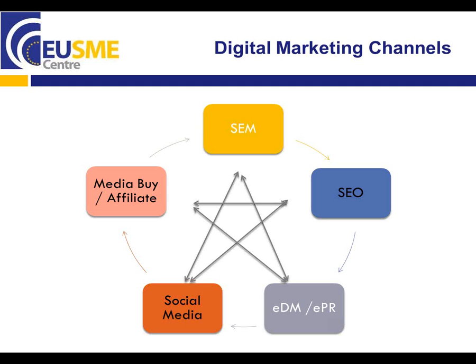If you want to promote your websites or your products on search engines, for example, and then obviously search engine marketing, SEM, which is basically you're buying keywords on certain sites.